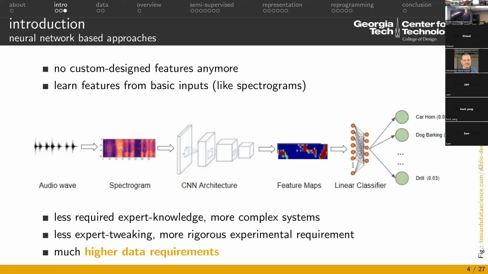There's a lot of tweaking in the neural network part, of course, but this requires a different set of knowledge, at least. And this also requires much more rigorous experimental setup requirements than we had before. But more importantly, it requires much more data.